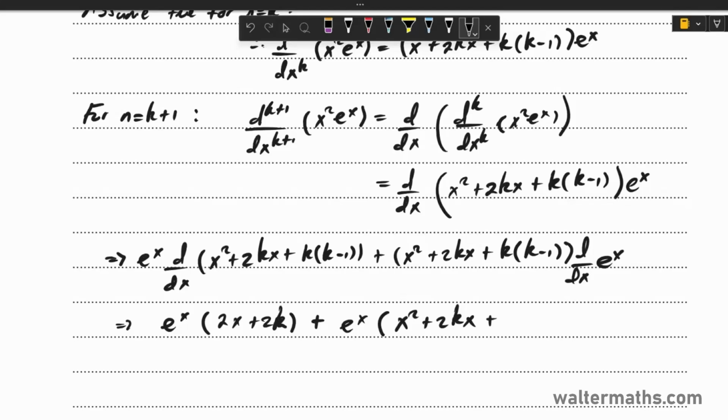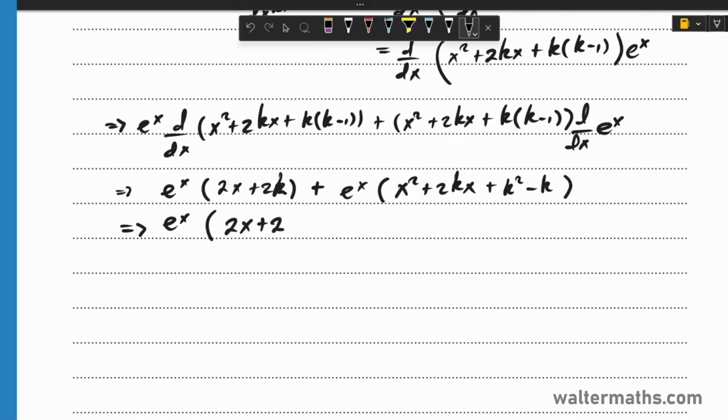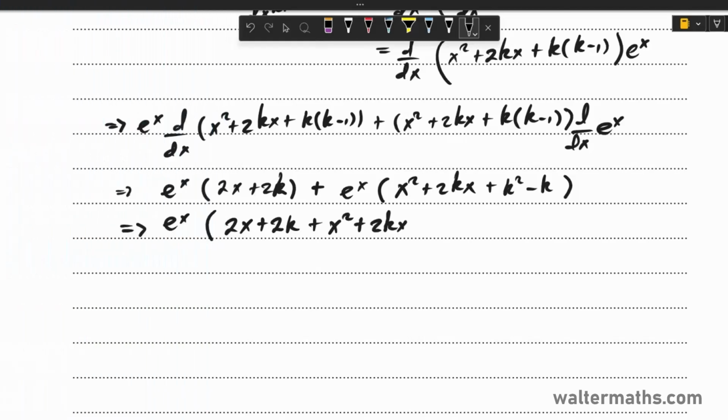All right, so I'm just going to expand the brackets there. So k squared minus k basically. All right, so if we factor out e to the x, we will be having 2x plus 2k, and it's going to be plus this, which is x squared plus 2kx plus k squared minus k.